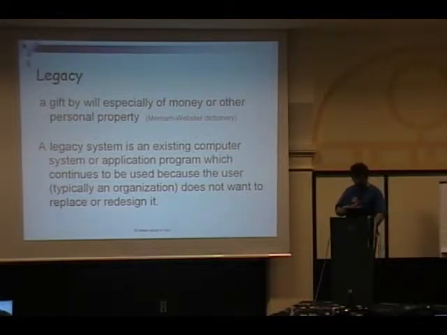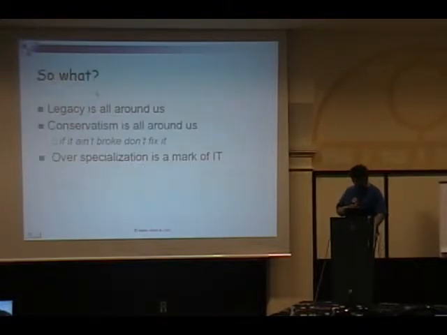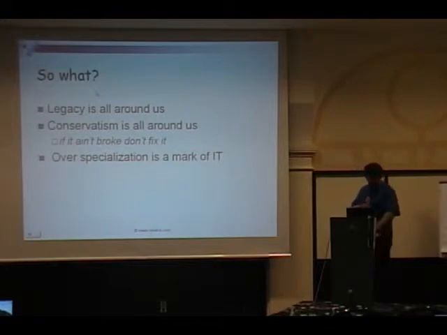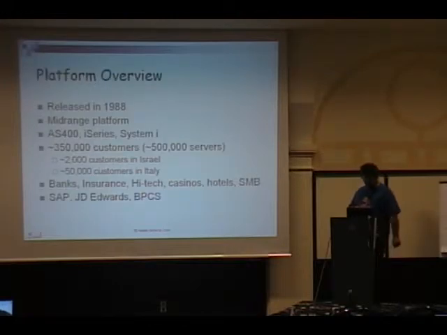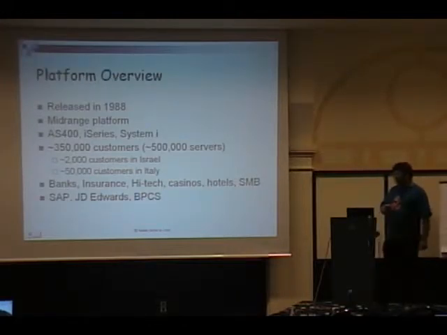This system is the IBM AS400. The AS400, today also called i-Series or System i, is a mid-range platform that was released by IBM in 1988, so almost 20 years ago.